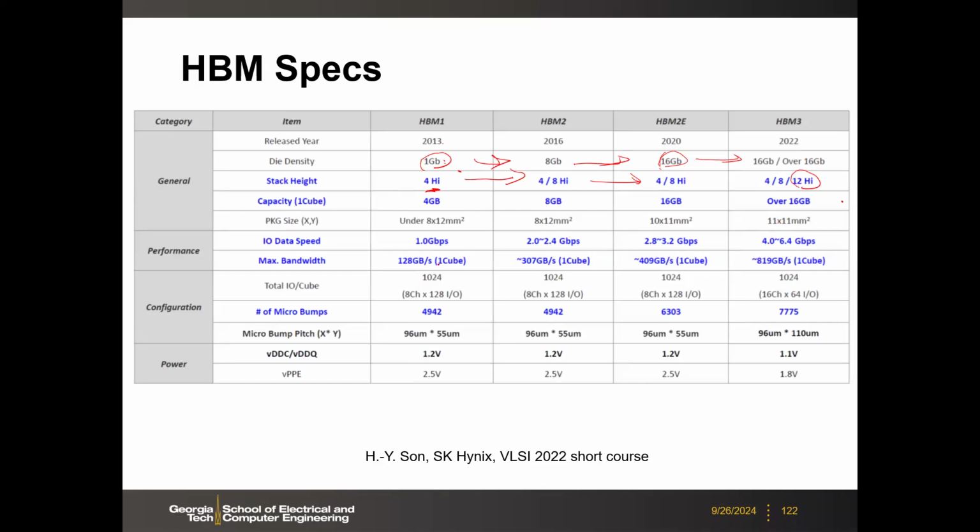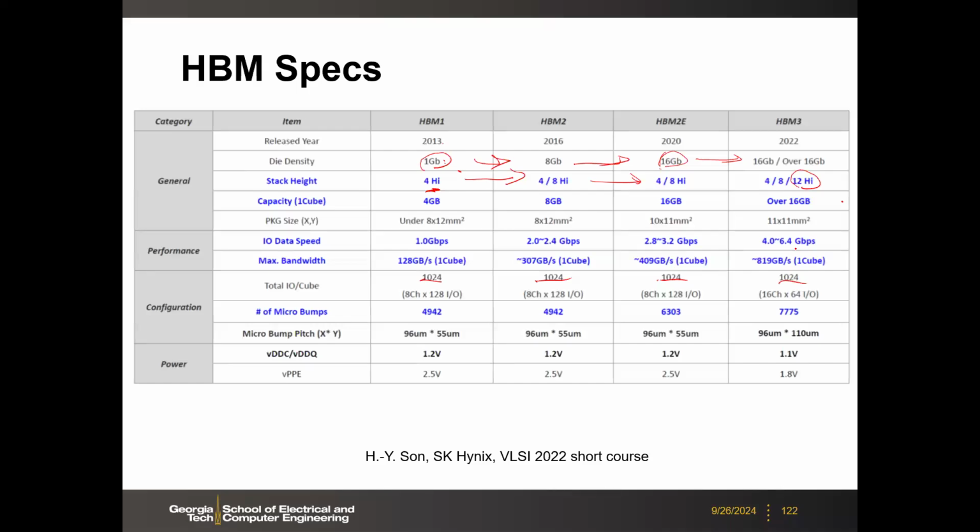So then here you can get the data rate, and then the performance, and then the overall system configuration, but still the IO is all 1024 bits, in terms of the IO width.